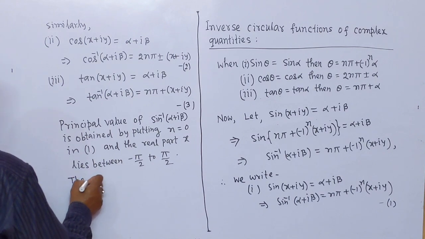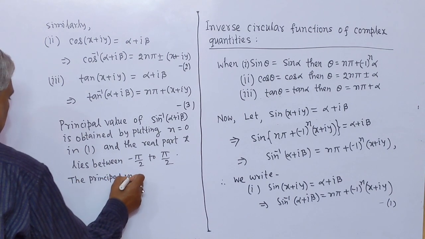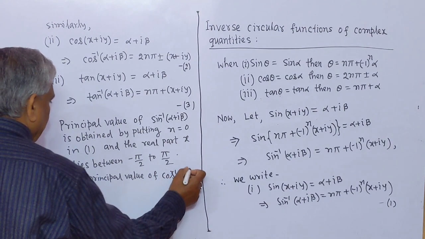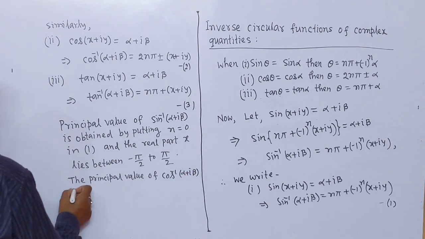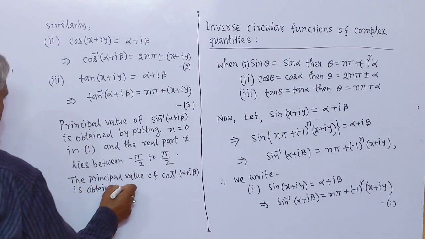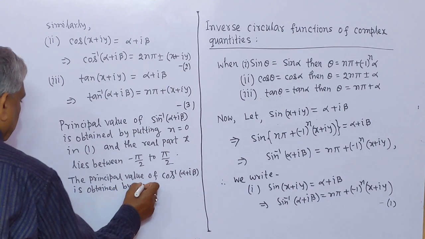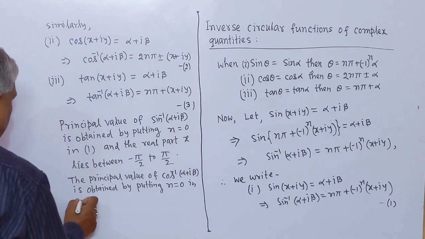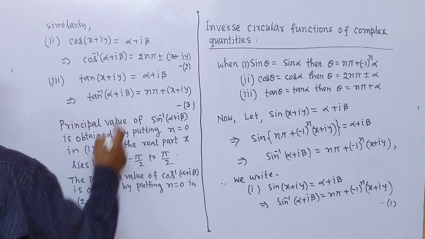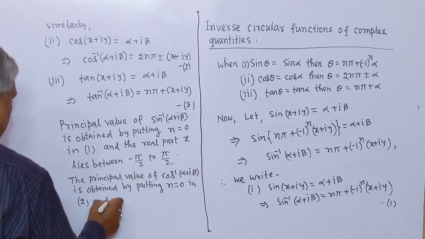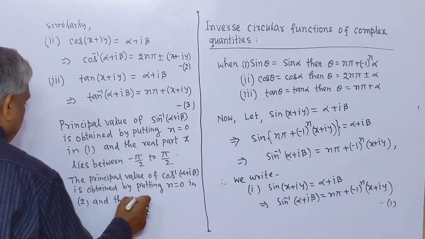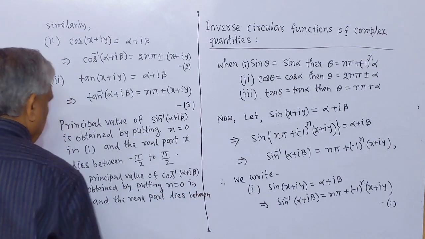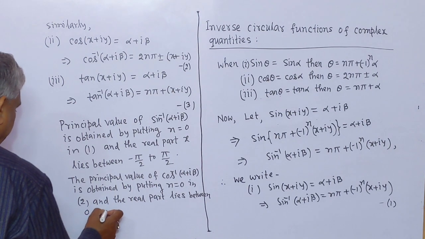The principal value of cos inverse of alpha plus i beta is obtained by putting n equal to 0 in 2, and the real part lies between 0 and pi.